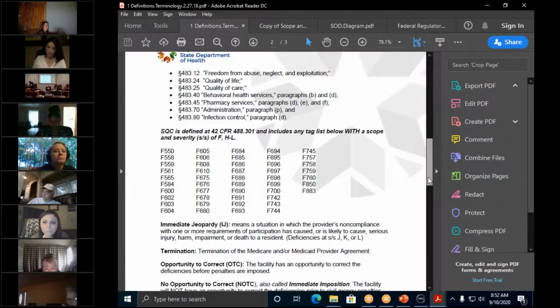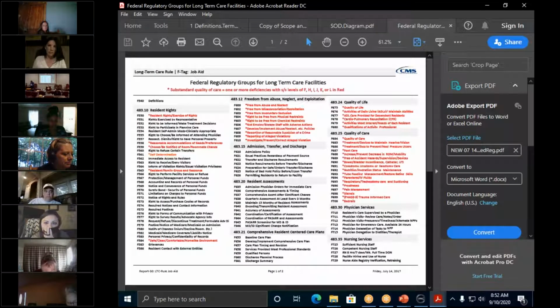And I'm going to show you one more thing real quick before we skip down to the bottom of this document, because I have provided you a federal regulatory group for long-term care facilities handout, and it is on the screen right now.